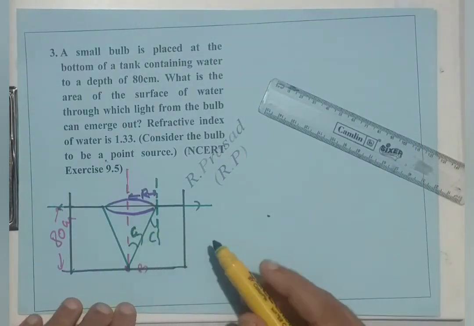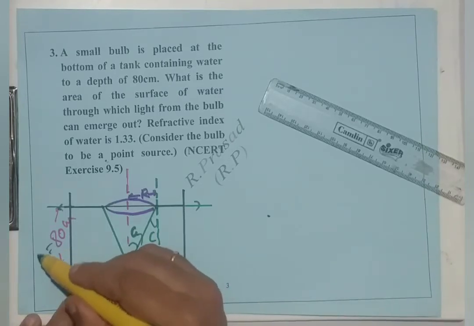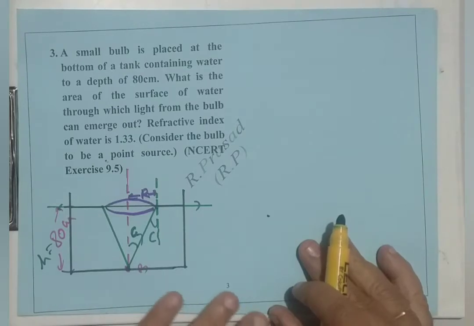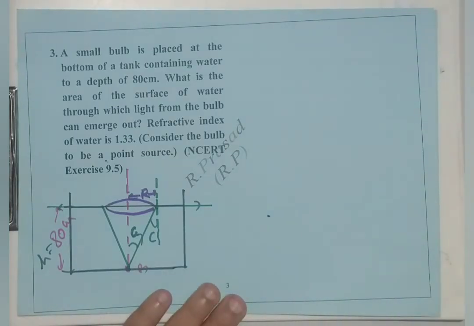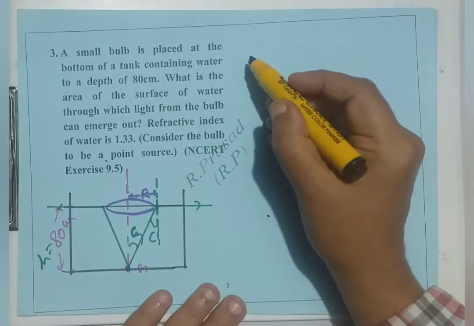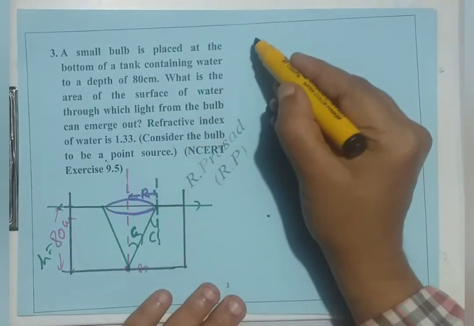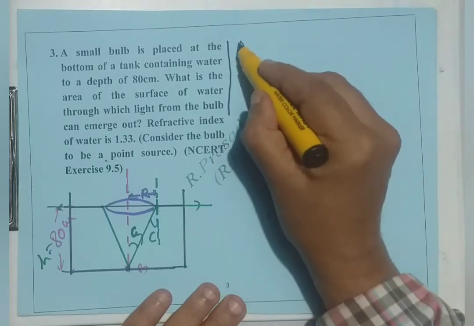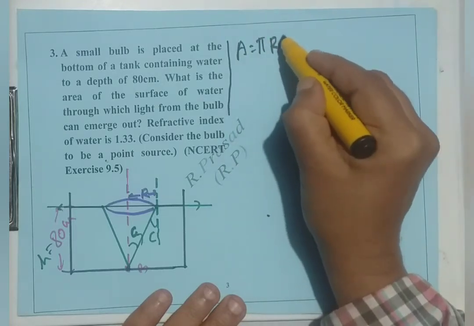And if I call 80 centimeter depth of the water as h, then we can calculate the value of R, and then we can go for the area, because we know the area of the circular patch is pi r square.